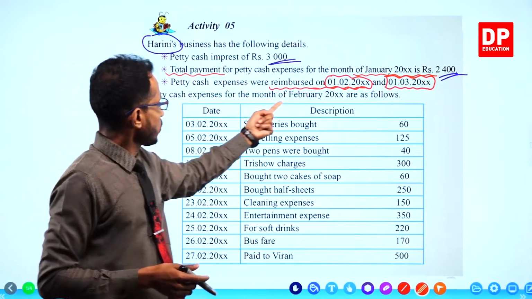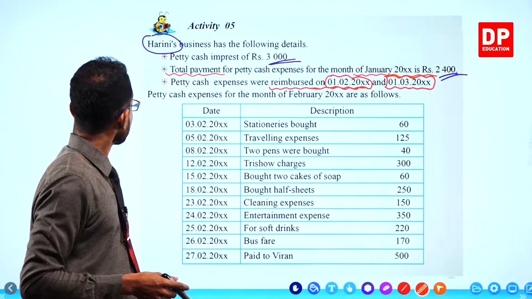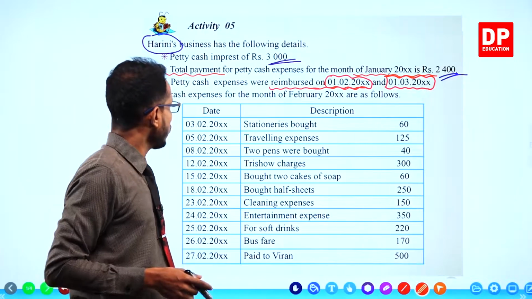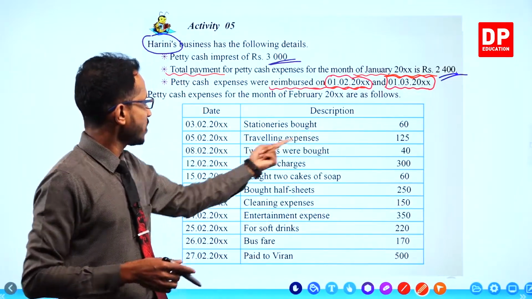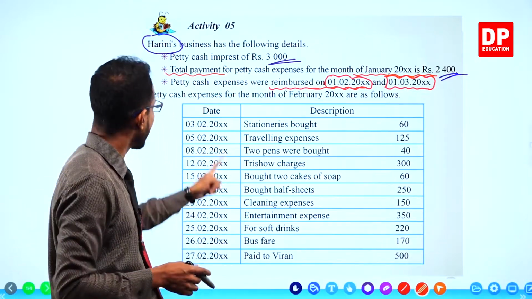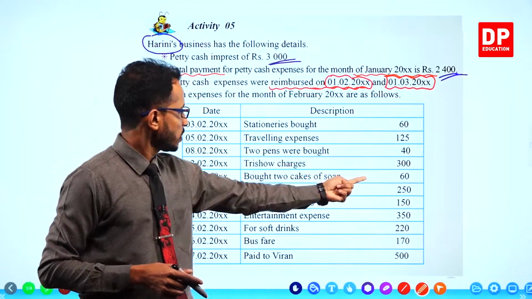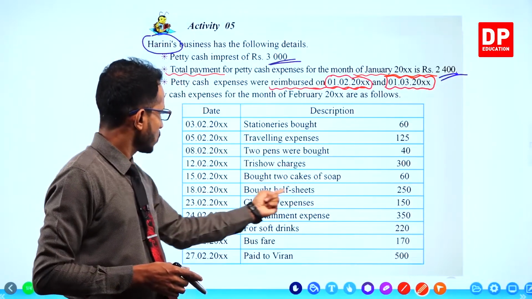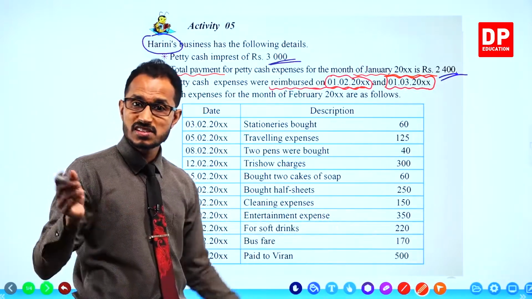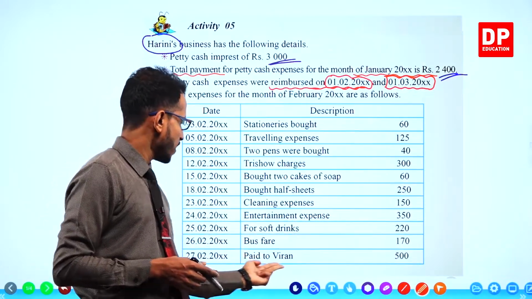Petty cash expenses for the month of February are as follows. We have stationery, traveling expenses, 2 pence per boat, rickshaw charges, soap, cleaning expenses, entertainment expenses, refreshments, soft drinks, bus fare paid to Viran.